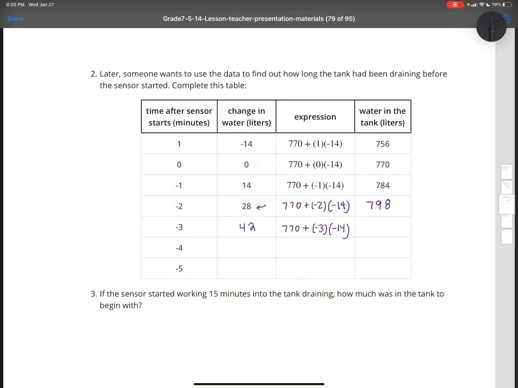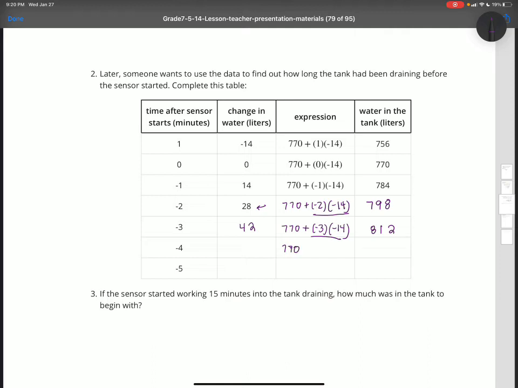Okay, when I add that to 770, I get 812. Okay, so then the next line, if you guys notice, I always solve the multiplication first.